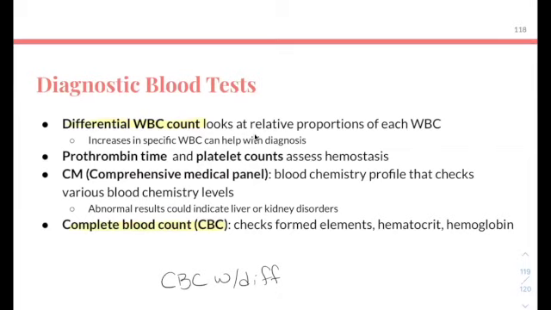It'll look at the different types of white blood cells and what portion of each white blood cell is there, along with the formed elements. So you look at the red blood cells, the platelets, hematocrit, hemoglobin, that's all done. They can do a prothrombin time and platelet count to look at hemostasis, clotting.